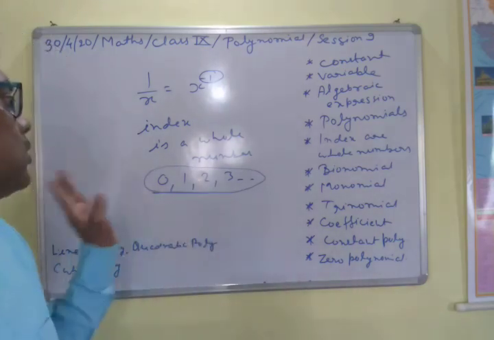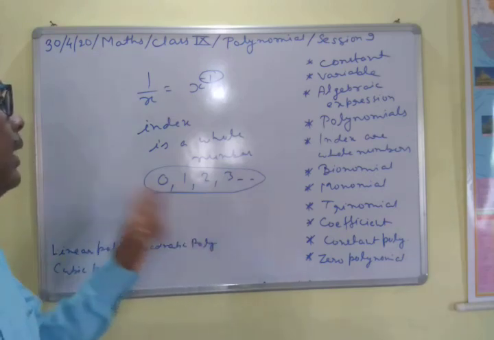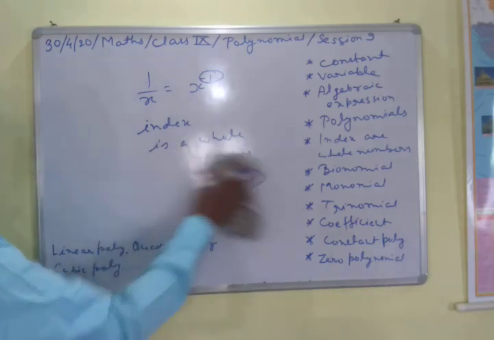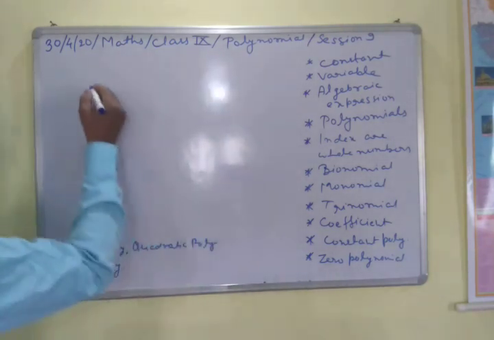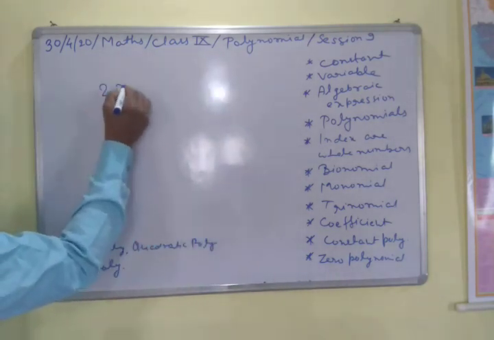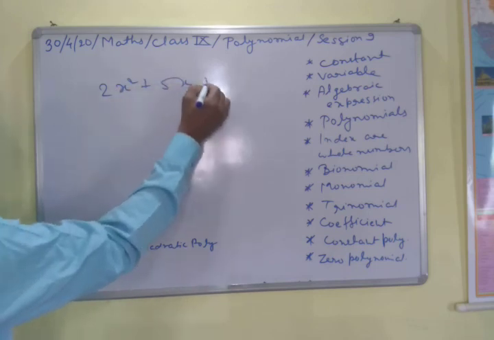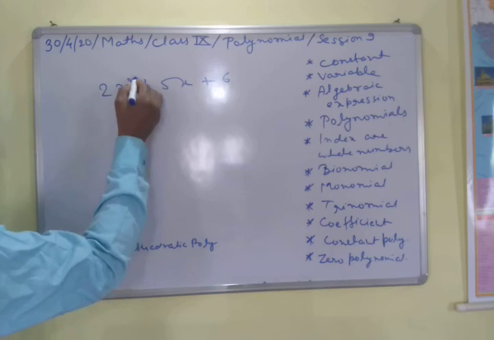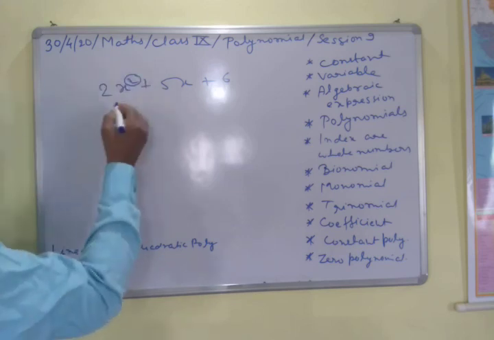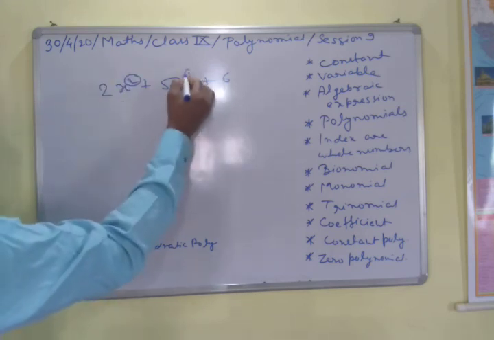And if the index is not a whole number in any term of the polynomial, then it will not be a polynomial. For example, suppose here I write that 2x square plus 5x plus 6. So this is a polynomial, because in this case the index of the variable here is 2, and here it is 1.